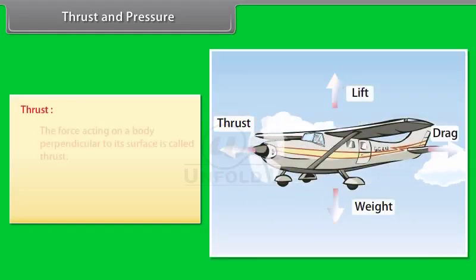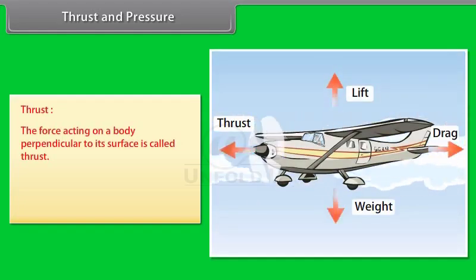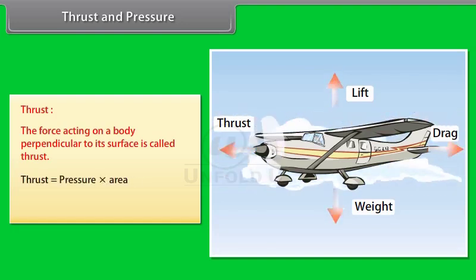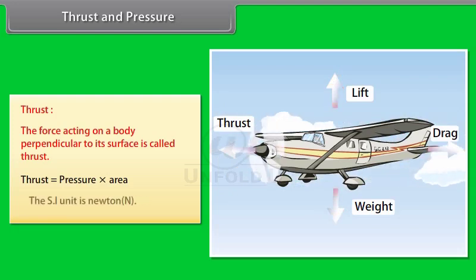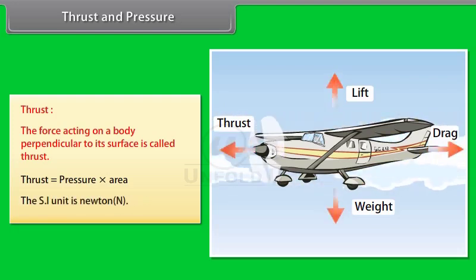Thrust and pressure. Thrust. The force acting on a body perpendicular to its surface is called thrust. Thrust is equal to pressure into area. The SI unit is Newton. Pressure.